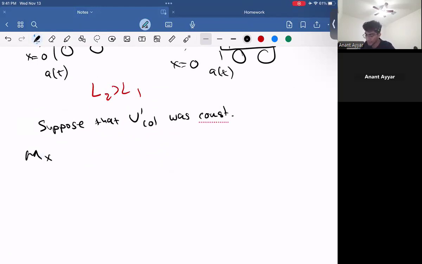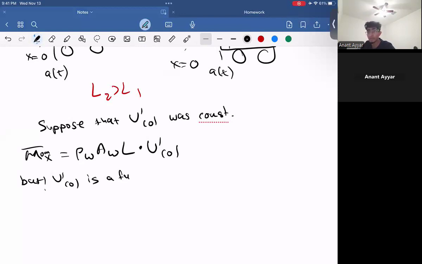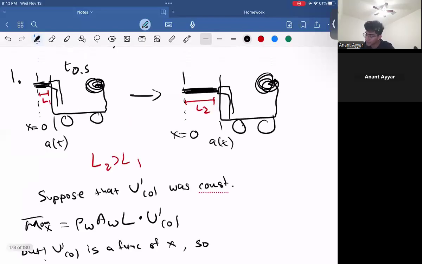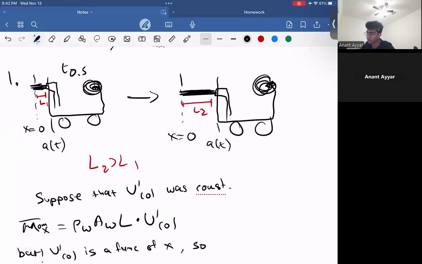So we would have m of x, before we confuse that with the mass, is equal to the density of the water times the cross-sectional area of the column of water times the length of that column of water, because this will give us the mass, times the velocity of the column in the inertial frame. This would be what the momentum looks like in the inertial frame. But this is not constant. It is a function of x. So whenever this moves a little bit, this velocity changes. Whenever it moves a little bit more, the velocity will keep changing. So we have to integrate.